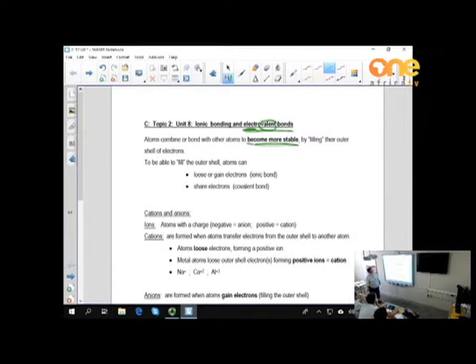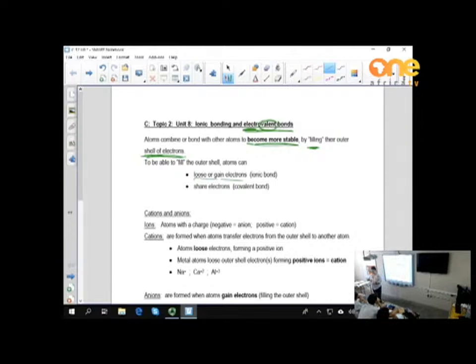Okay. And it happens when the outer shells are filled with electrons, whichever method they use. Now we can fill the outer shells by one of two methods. We can lose or gain electrons.